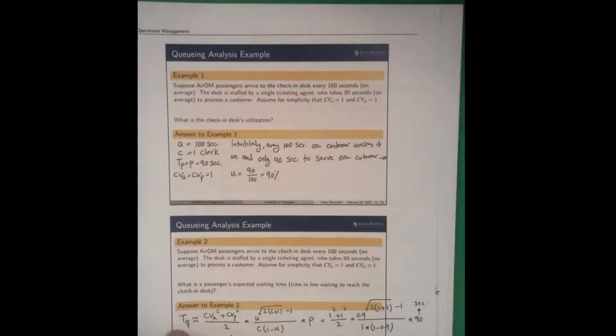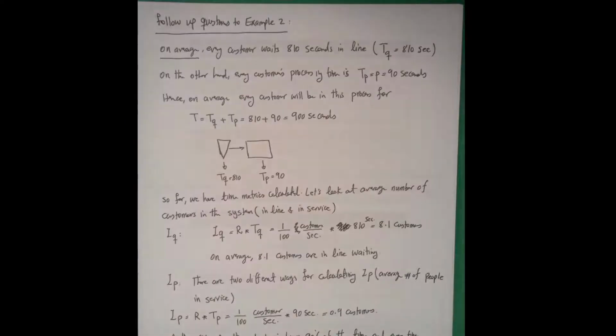I went ahead and put together even more examples, calculating more metrics based on that one example. So let's see what those are. Well, one of them, the most fundamental and challenging one, is calculating TQ, the average amount of time in line.